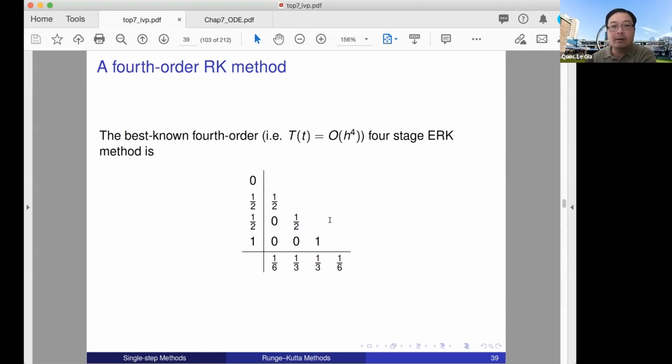This one you will use in the project. So how do you write out this equation? You first copy down the table.